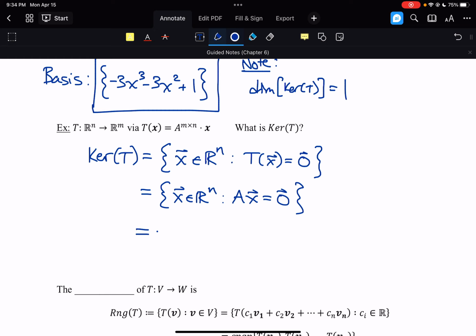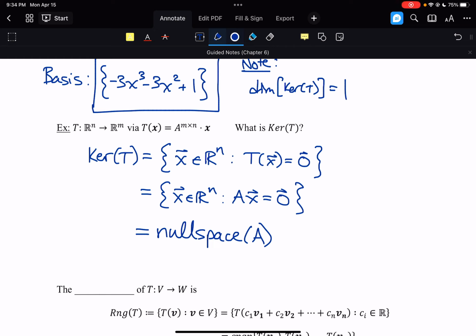This is the definition of the null space of the matrix A. So it turns out for the matrix transformation, the kernel of that transformation is the null space of the matrix of the transformation.